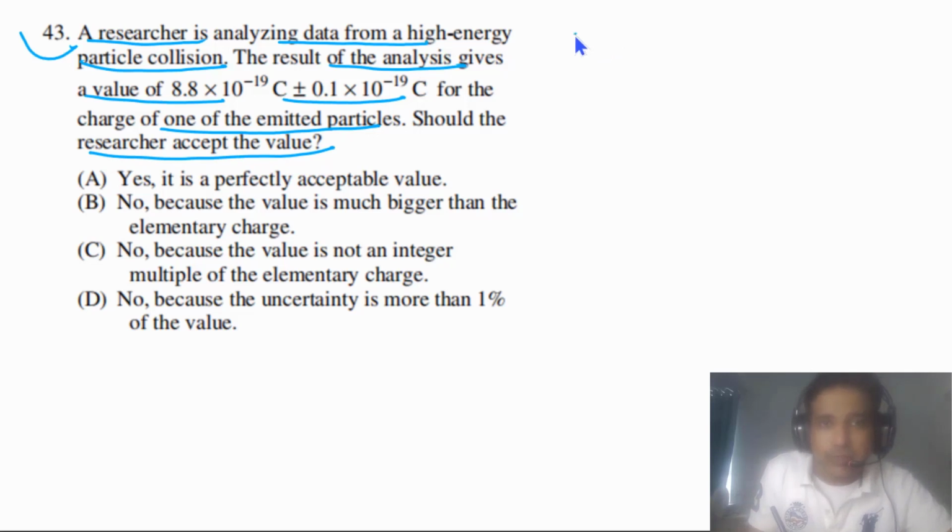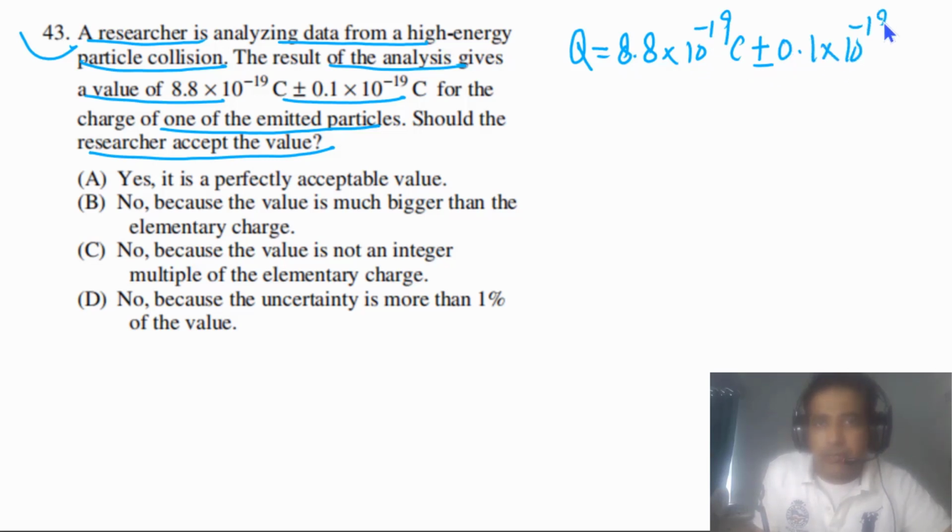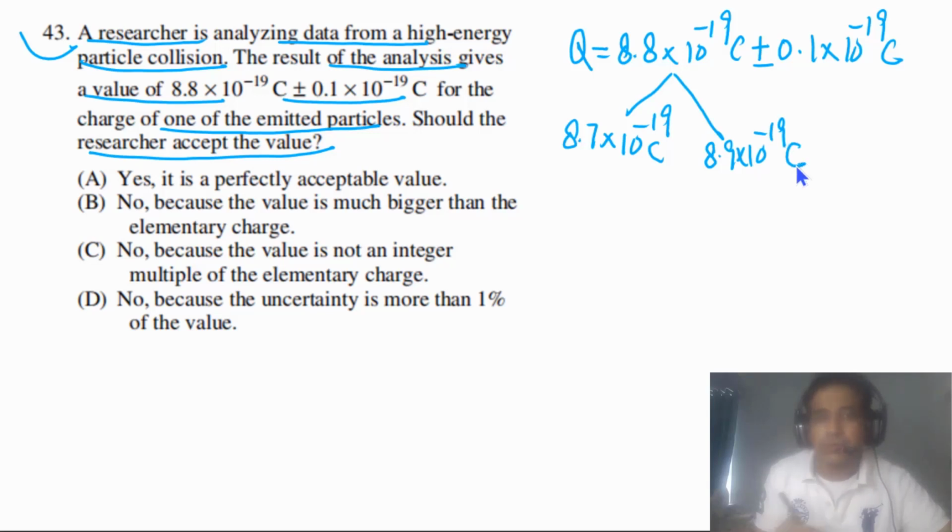So in this case, it is given to us that charge on the particle is equal to 8.8 times 10 to minus 19 coulombs plus minus 0.1 times 10 to minus 19 coulombs. It simply means that this charge can be 8.7 times 10 to minus 19 coulombs, or this charge can be 8.9 times 10 to minus 19 coulombs.